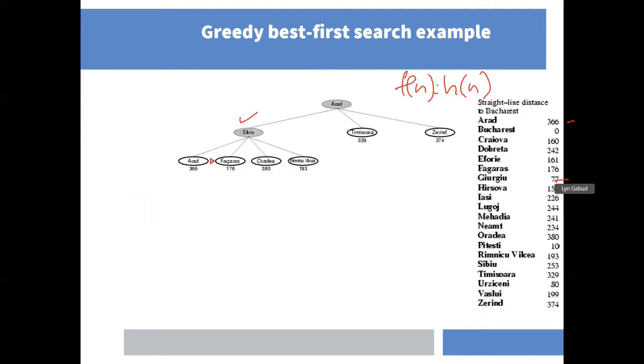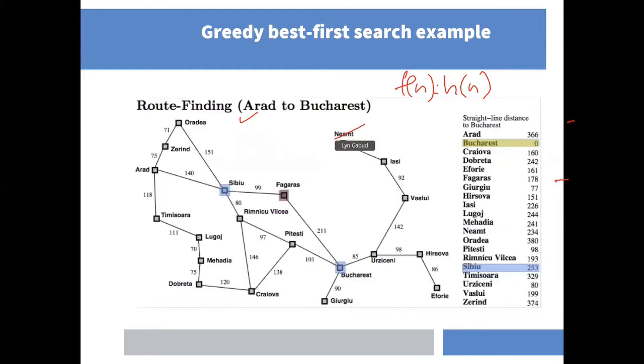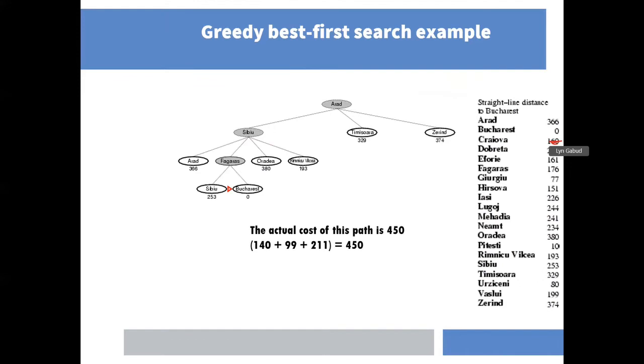Therefore, we're going to choose Făgăraș there, and Făgăraș will be expanded. Here is our fringe. From Făgăraș, we have two options, Sibiu and Bucharest. Of course, this is our goal state, so we go there.